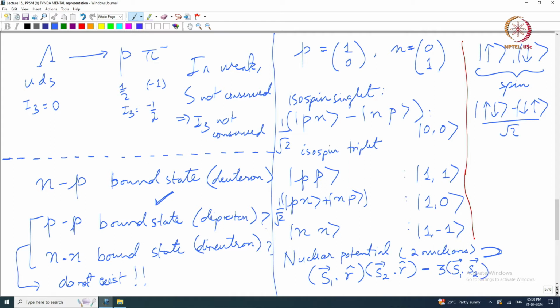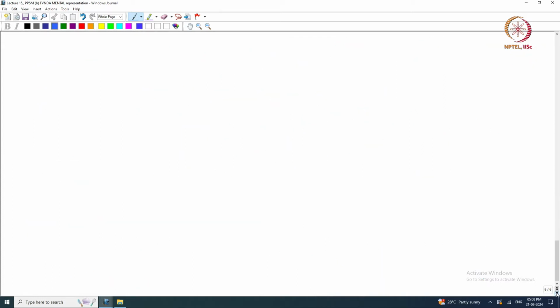Okay. So, what does this tell you? If you did not care about the first term, right, from the second term what can you say about the existence of a bound state? This tells us that you want S1 and S2 to be aligned as opposed to anti-aligned, right.